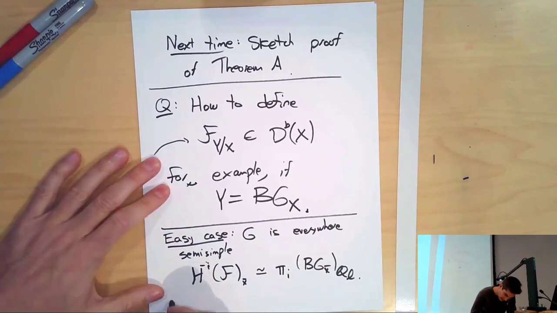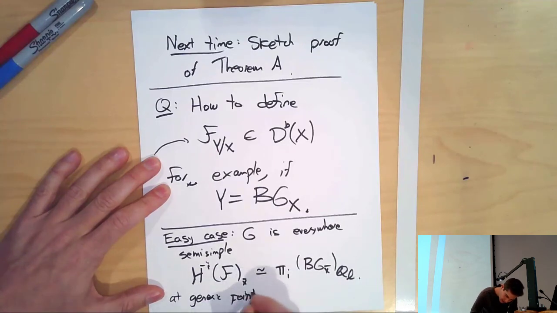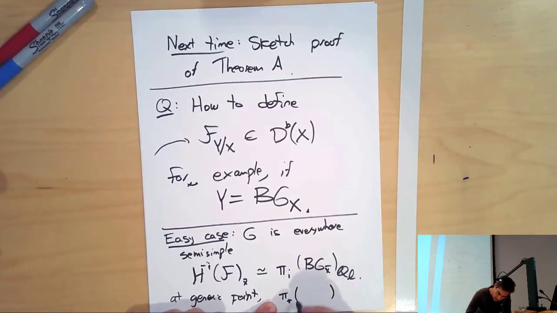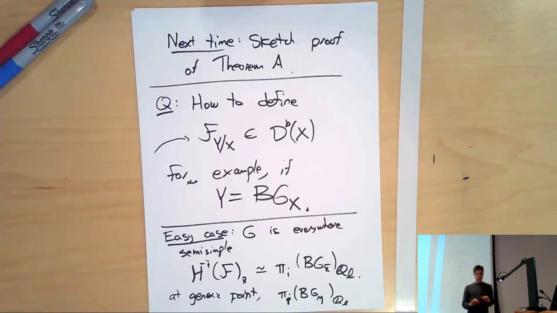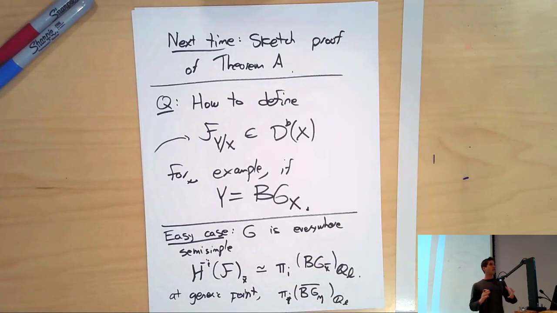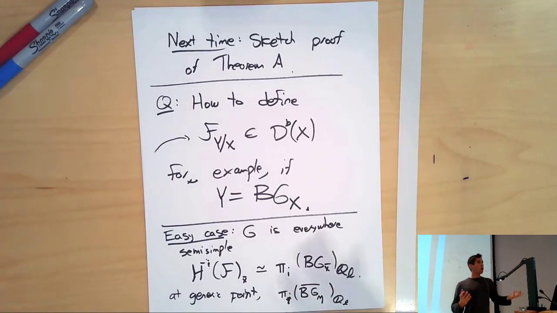So let's say at the generic point, what we're seeing is the ith homotopy group of, I'll call it BG eta, or what was in my second lecture G0, the generic fiber of this group scheme. You then take its classifying stack over an algebraic closure of the generic point of your curve, and then you think of it as acted on by the absolute Galois group of the function field that you're interested in studying.